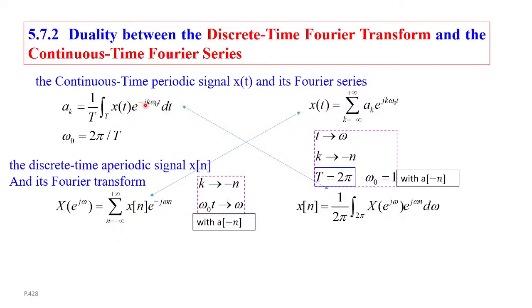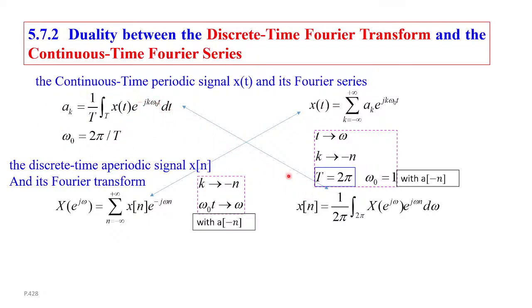So you also change k to -n, but now we have a little more condition, because remember, for the frequency of this big X function, we've talked about this many times, that big X has a period of 2 pi. But for the continuous time periodic signal, the period here can be anything.